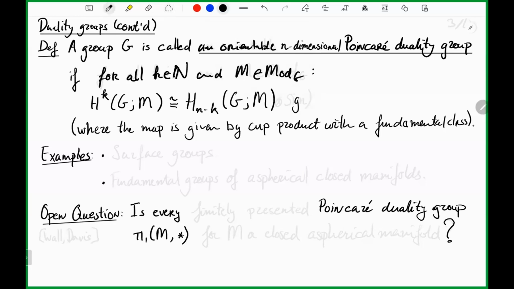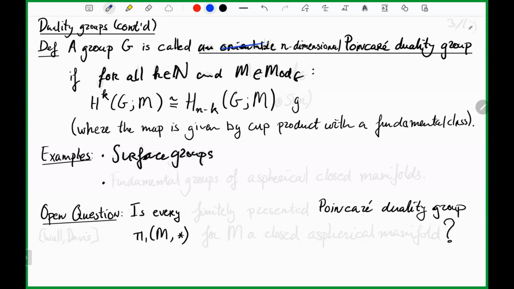So what are examples of these orientable n-dimensional Poincaré duality groups? Well, for example, if you take fundamental groups of surfaces, orientable surfaces, they will give you examples of Poincaré duality groups. Now, for those of you who have done an algebraic topology course, this probably doesn't come as a surprise.